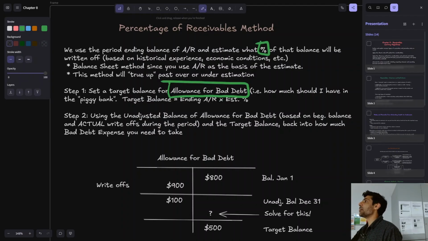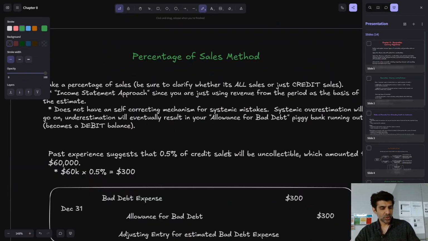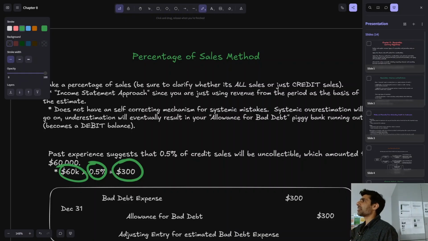Instead of calculating the amount of the adjusting entry, I'm first starting with how much my piggy bank should be, right? So this is different than what we just did, because in the last method, we just took a percentage, multiplied it by the amount of credit sales, and this was the amount of the adjusting entry, right? It doesn't matter what net balance that's going to give me for allowance for bad debt.